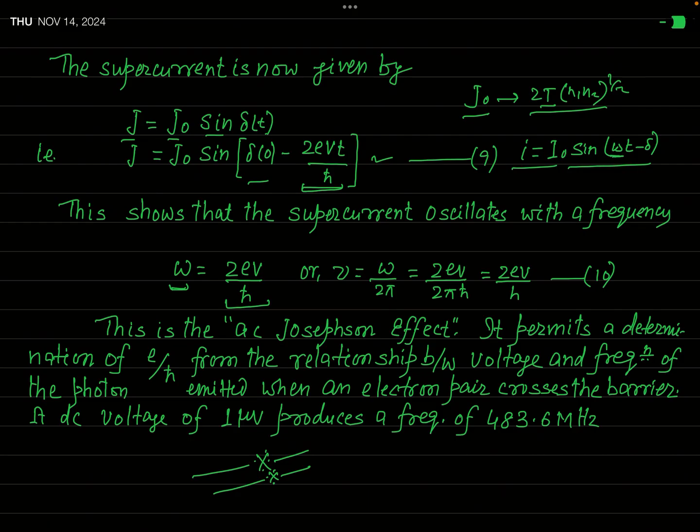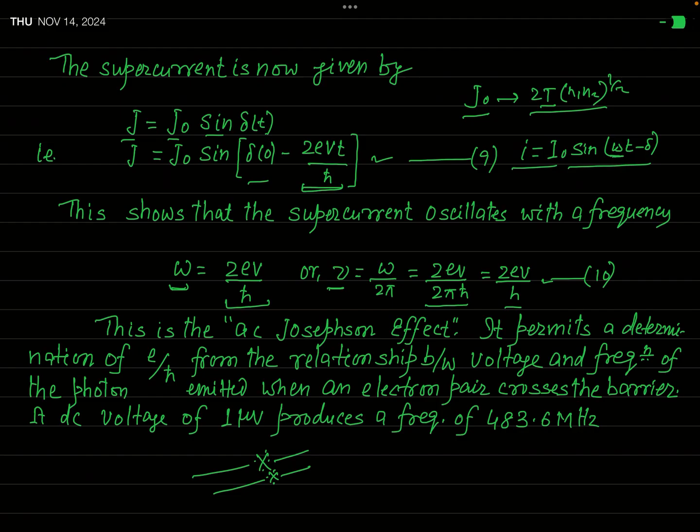If you want to find the regular frequency nu, that will be omega over 2 pi, which is 2eV over 2 pi h bar. But 2 pi h bar is equal to h, which is Planck's constant, while h bar is the reduced Planck's constant. So nu is given as 2eV over h.